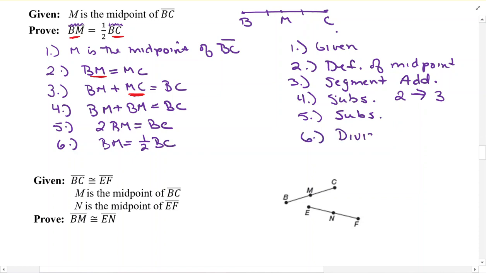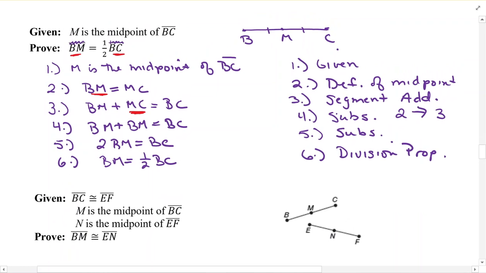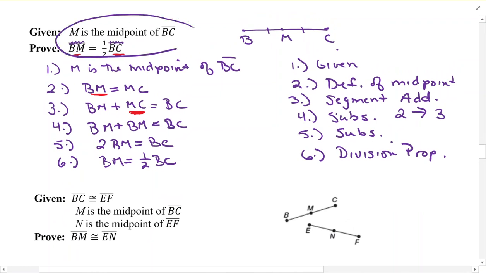And that is the division property. Our book calls this midpoint theorem number 2.